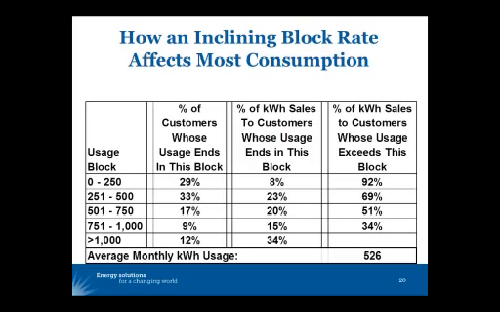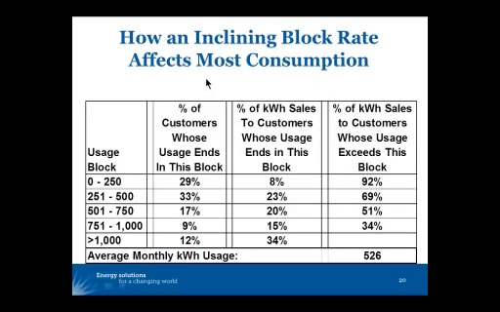And this also shows what would happen with a multi-block rate. Even if you had a second block at 250 to 500, still 69% of the consumption would be to customers above 500 who would see a third block rate.